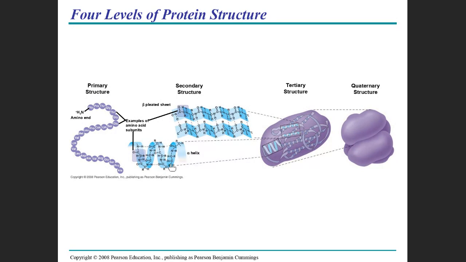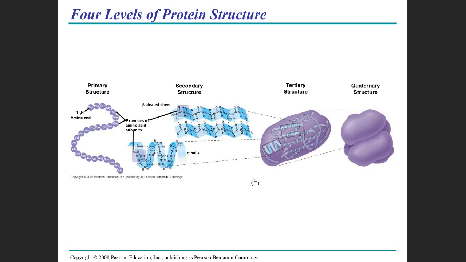And these secondary structures are not just random, they actually serve a purpose. And again, much later on in lab, we'll see how the alpha helices and beta sheets can stabilize proteins, make them either more rigid or more flexible, depending on the percentages of alpha helices and beta sheets. So they do serve a purpose.